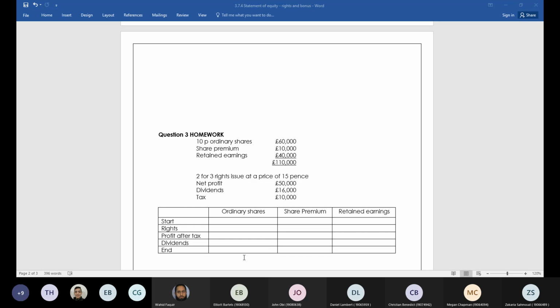Okay, we're going to pull up document 375. If you haven't got it, it's on Moodle. And in fact, can somebody tell me whether or not I sent document 375 as an email? Can you check, guys?